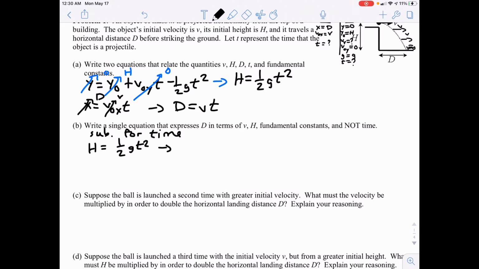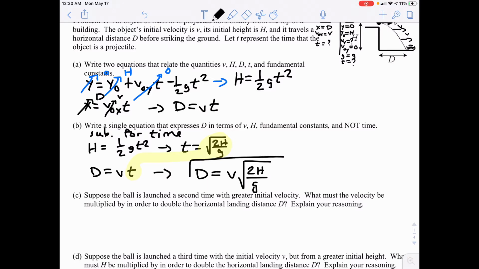In order to solve for time, we have to multiply by 2, divide by g, and square root. So time would be equal to the square root of 2h over g. And then we also have that d is equal to v times t. Essentially, we're substituting this value in place of t. And we would get d is equal to v times the square root of 2h over g.